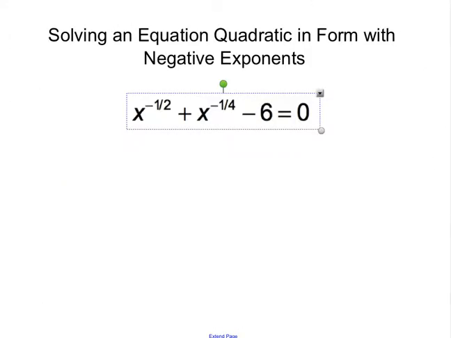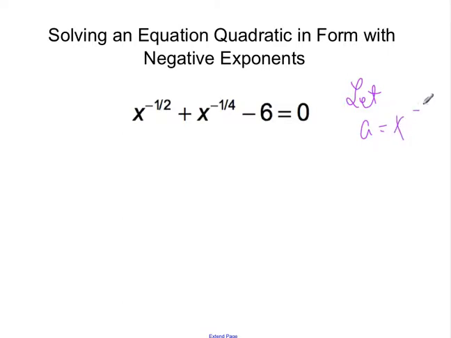I put a new equation in, and this one looks quadratic, but it's not quite. If I let a, and I guess I could call it u, but I like a better than u, equal x to the minus 1/4, I can substitute in. x to the minus 1/4 squared is x to the minus 1/2, plus x to the minus 1/4, minus 6 equals 0.